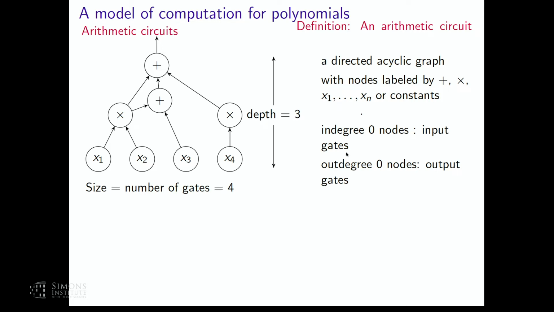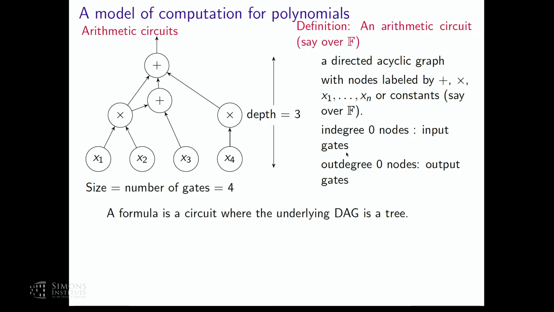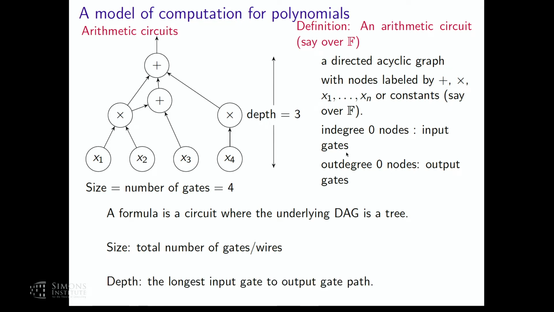A circuit is said to be a formula if the underlying graph is a tree. The size of the arithmetic circuit is the number of gates. You could also consider wires, but in the regime we are working on, it's not going to matter. And the depth of the circuit is the longest input to output path.